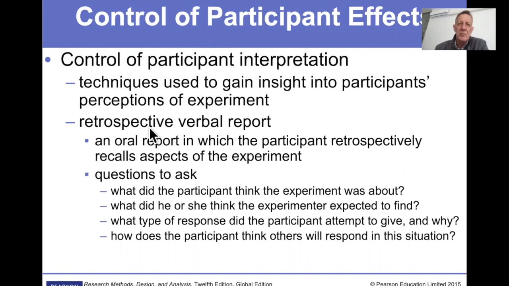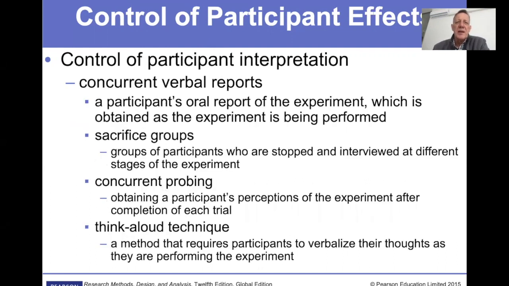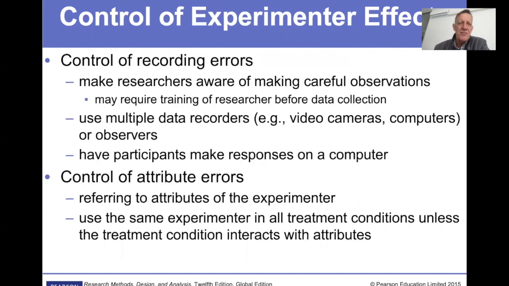You can do a retrospective verbal report, where you ask them afterwards, what did you think about the experiment? How did you experience it? And there are the questions. You can also do concurrent verbal reports while they are busy doing the experiments, and there are a number of techniques that you can use, which are quite simple to understand.